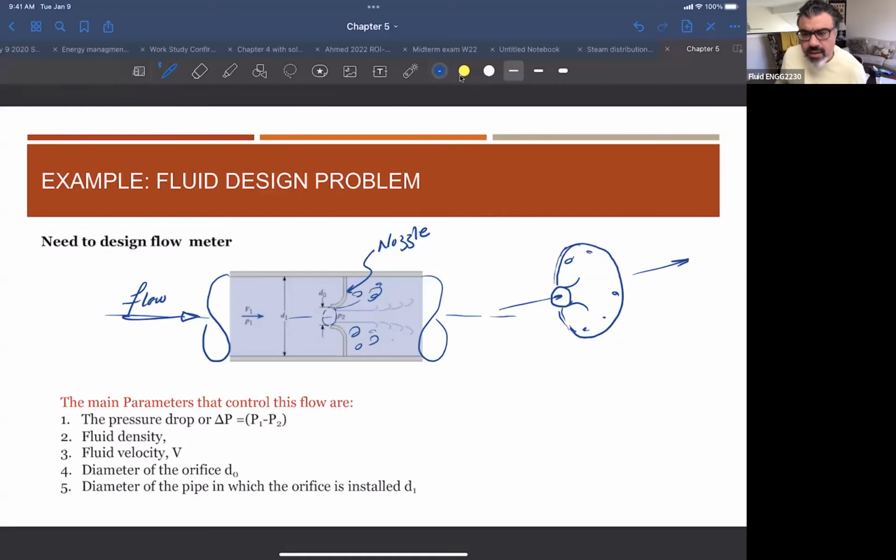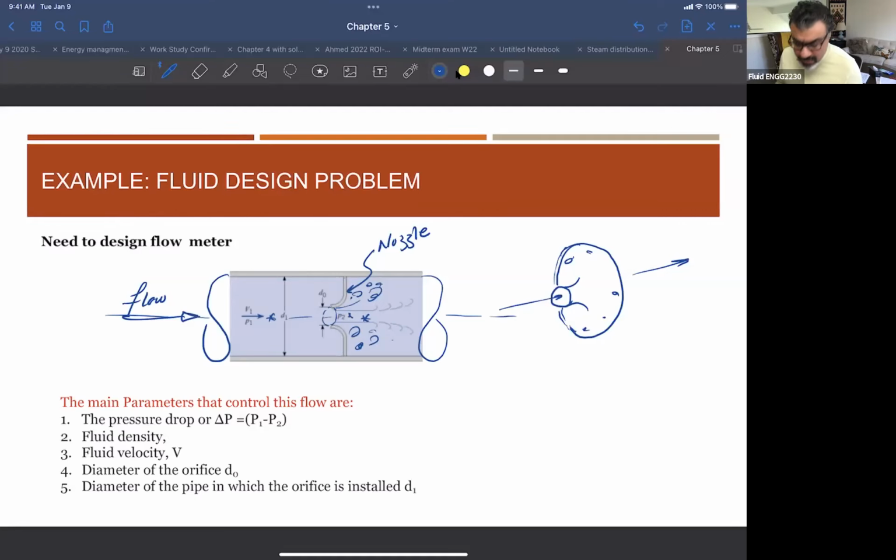And with the fluid flow going like this, the more the flow, the more of this turbulence and eddies are generated, and the pressure between the point here and the point here will change. There's going to be some pressure drop. And we know this because we apply a simple equation of mass and momentum balance.